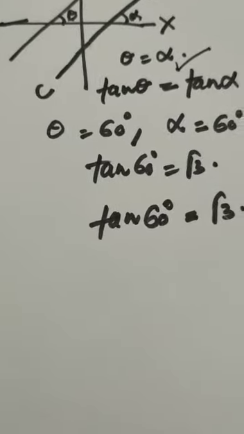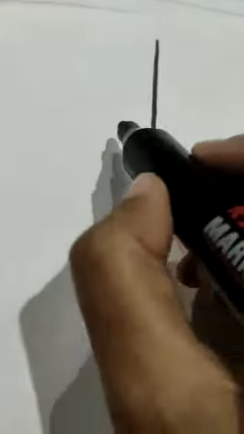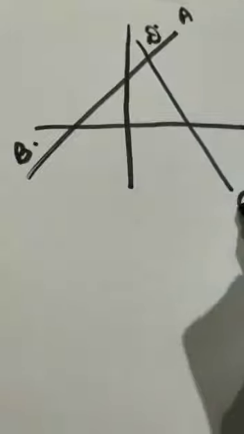Now we will discuss about the perpendicular lines. Now look, suppose you have given this line as A and B, this line as D and C. This line is making an angle of theta degree with the x-axis.